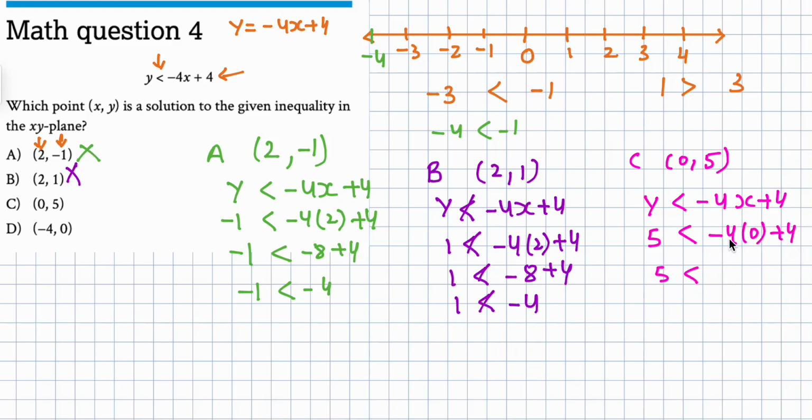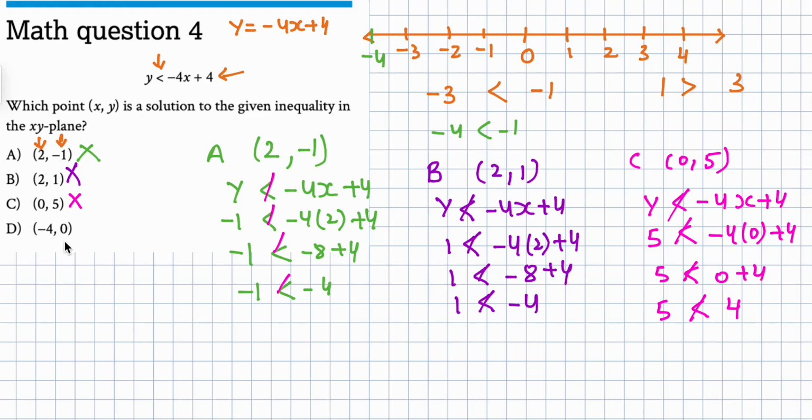Any number multiplied by 0 is always 0, and if it is added to any number, it does not make any difference. 5 is less than 4? Again 5 is greater than 4, not less than 4. So this option also is not satisfying. So the third is also crossed.